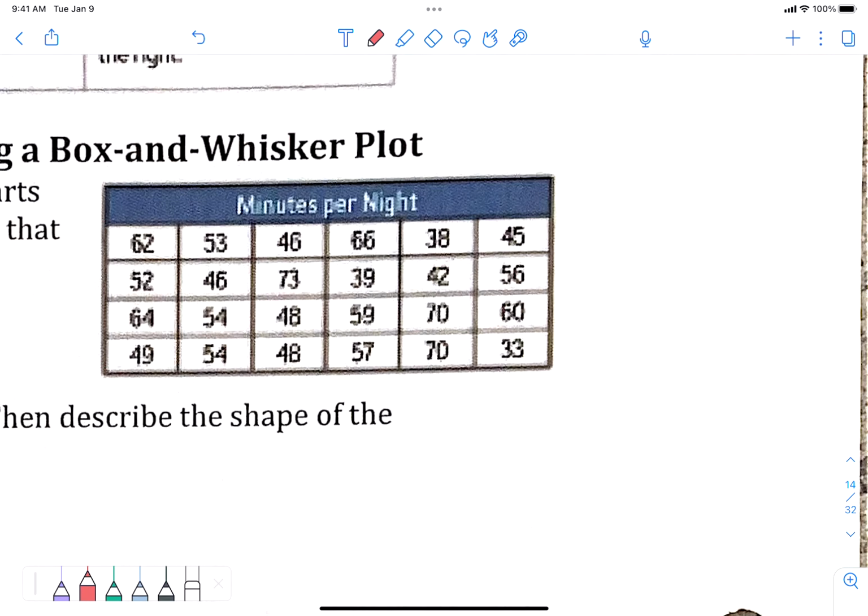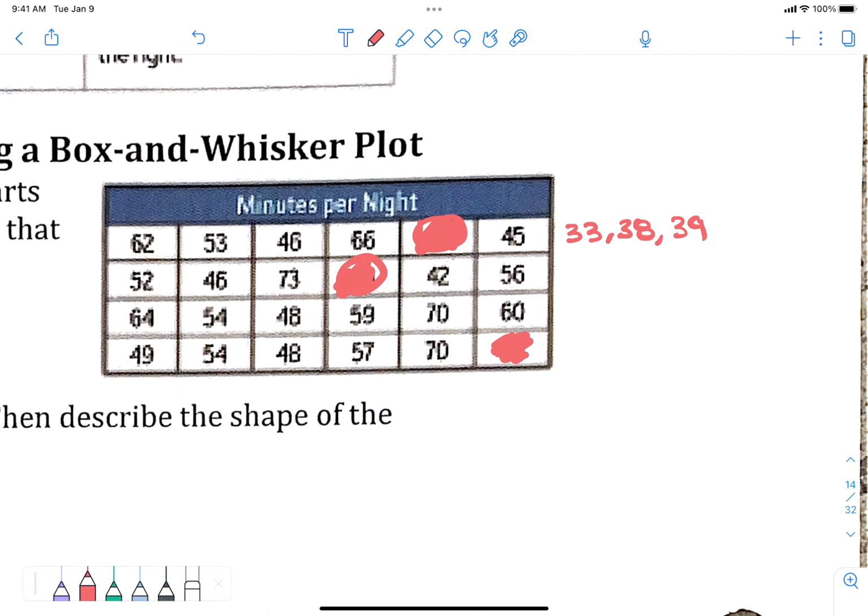So I see a 33. Do you see anything lower than a 33? 33 is in the bottom right quarter. Okay, I'm going to list 33 right here and cross it off. Any other 30s? I see a 38 and a 39. Anything else in the 30s?